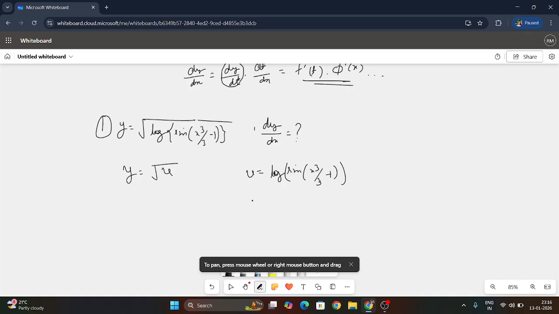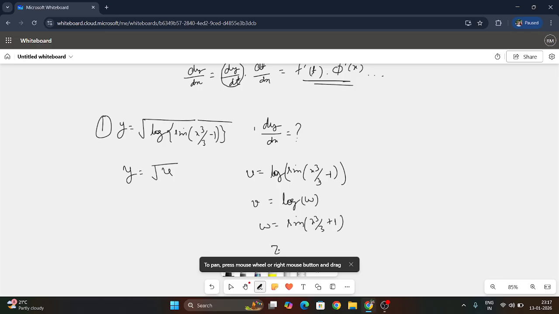v is what? v is the log of w, and w is basically sine of x cube by 3 plus 1.